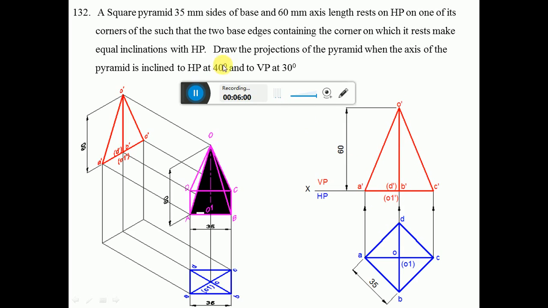So now, since the axis of the pyramid is inclined to HP, what is going to happen? The axis is parallel to VP. Since the axis is parallel to VP, I am getting the true length here, O dash, O1 dash. So that axis is inclined to HP at 40 degrees.